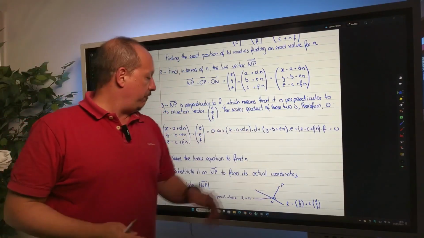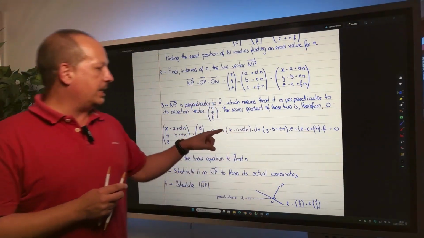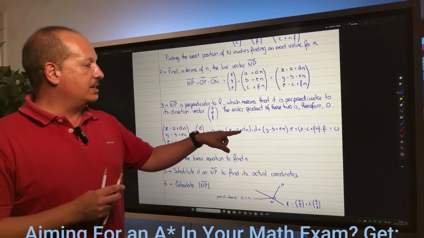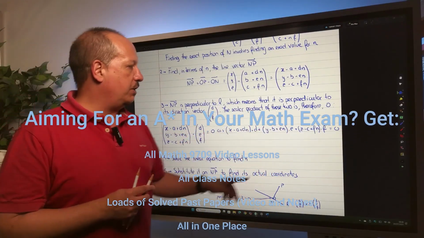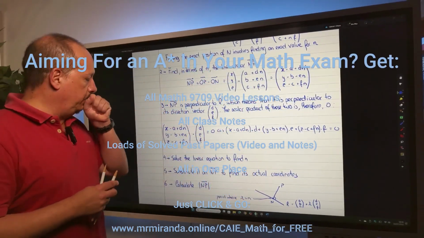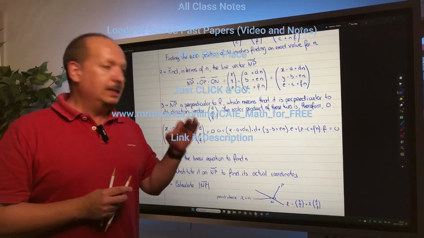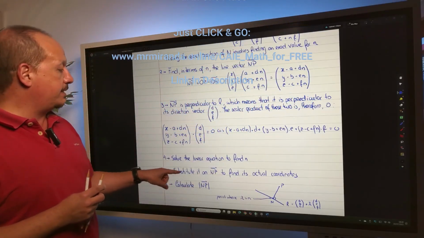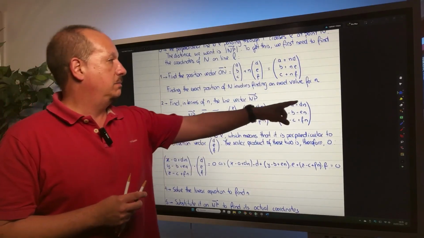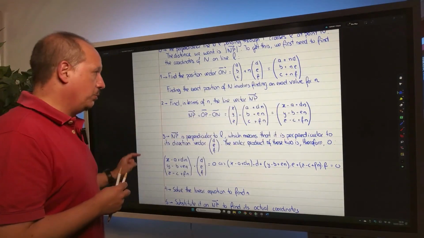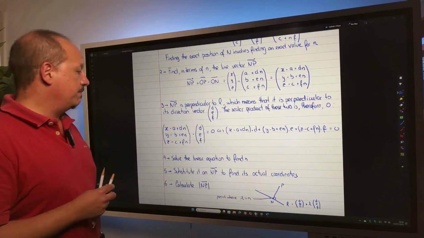We will now have a linear equation with only one unknown, which is n. Don't forget that everything that is not n in the question is going to be numbers, so you will have an equation in terms of n. Solve the equation and you'll finally find n. Now that you have n, you substitute it into NP over here, and this will give you the actual coordinates.